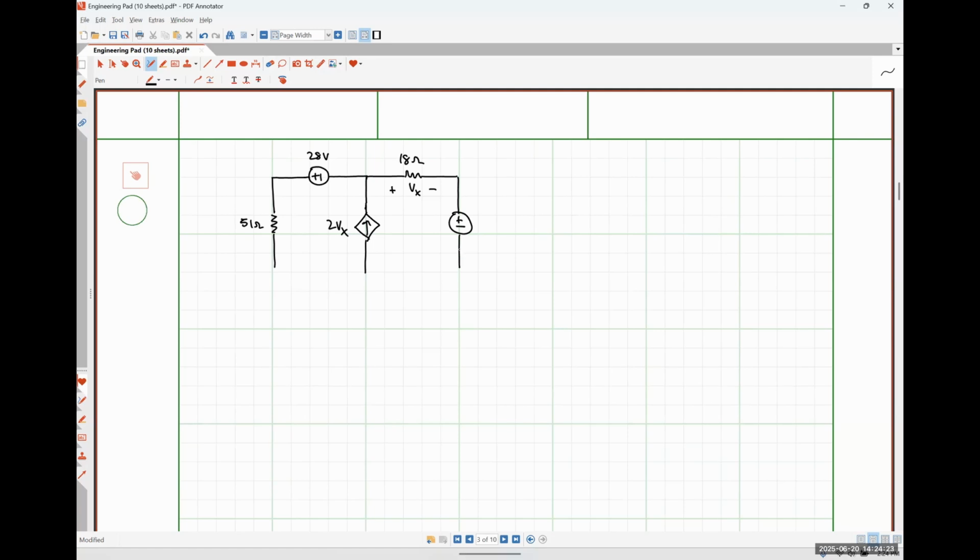Let's see, this one is going to be 16 volts, and I'm going to add a little something to this. I'm going to give myself another mesh over here to the right because I want to illustrate something else to you. So let's make this 25 ohms, and let's give us a 2 amp source over here.